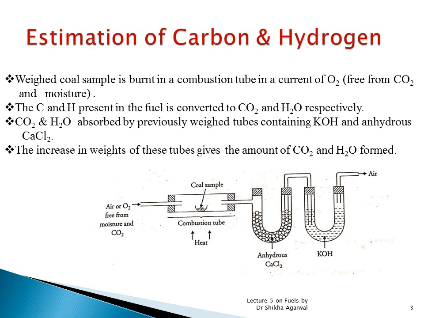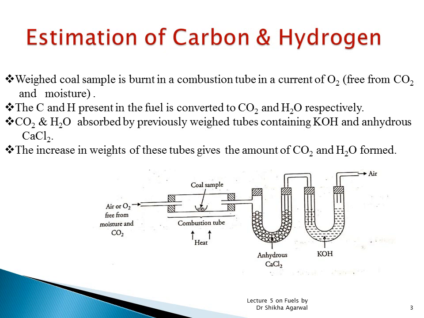Whatever carbon is present in the coal sample gets converted into carbon dioxide, and whatever hydrogen is present gets converted into water. Now the carbon dioxide is absorbed in a U-tube containing potassium hydroxide, and water is absorbed in a U-tube containing calcium chloride.